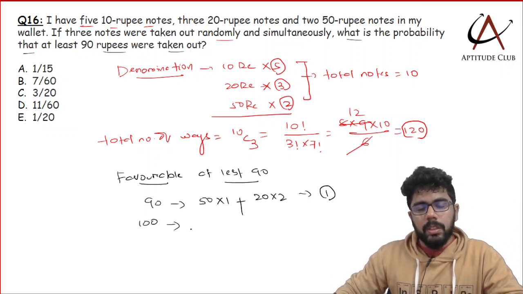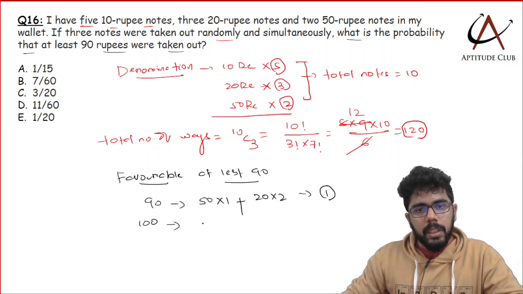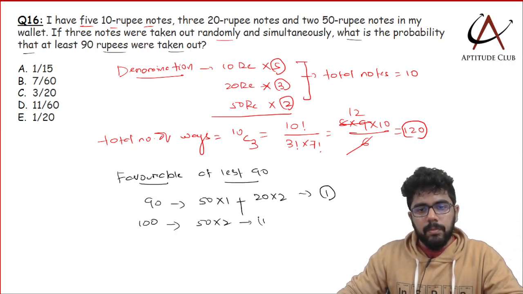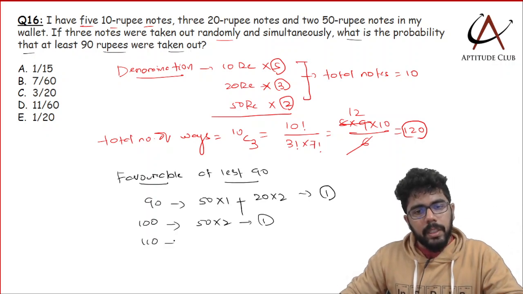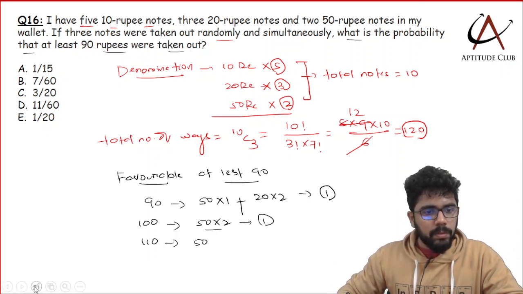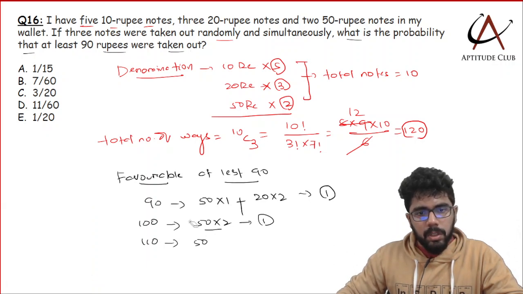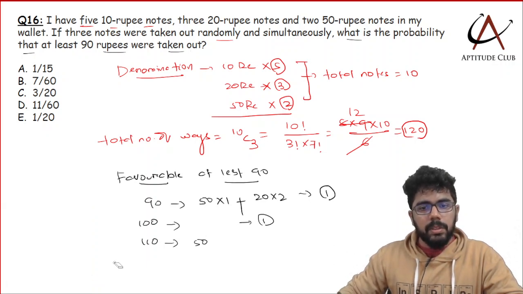Next I can go for 100. In how many ways can I pick 100 rupees? So 50 into 2. Just a second, I have to pick 3 notes, so can I make 100 rupees using 3 notes?